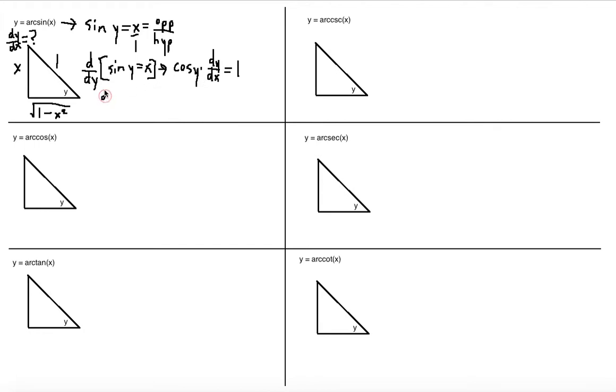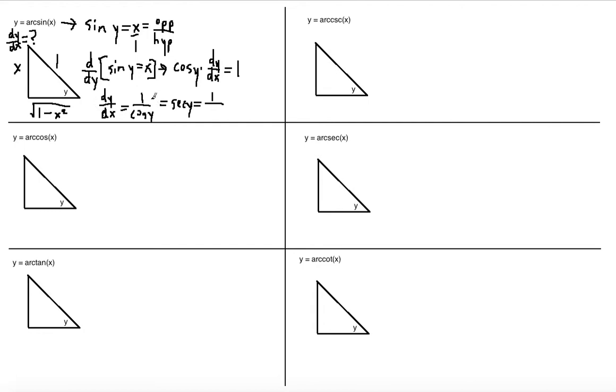We know that dy dx is equal to 1 over the cosine of y. And from our triangle, we can see, well, let's go ahead and put that as a secant of y first. The secant of y, secant is hypotenuse over adjacent. So here's my hypotenuse.